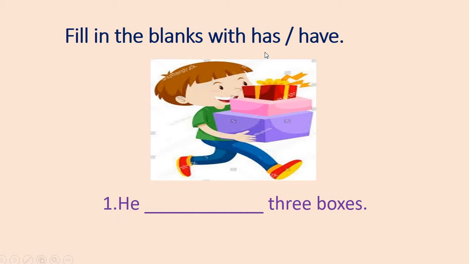You have to use has or have. Now see, it is he. It is for this boy. We use he for a boy or a man. So, He blank 3 boxes. You have to write the answer, has or have.